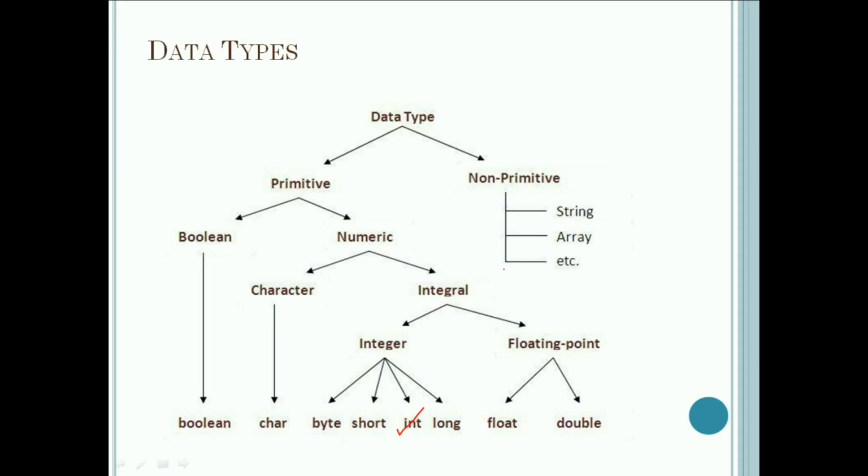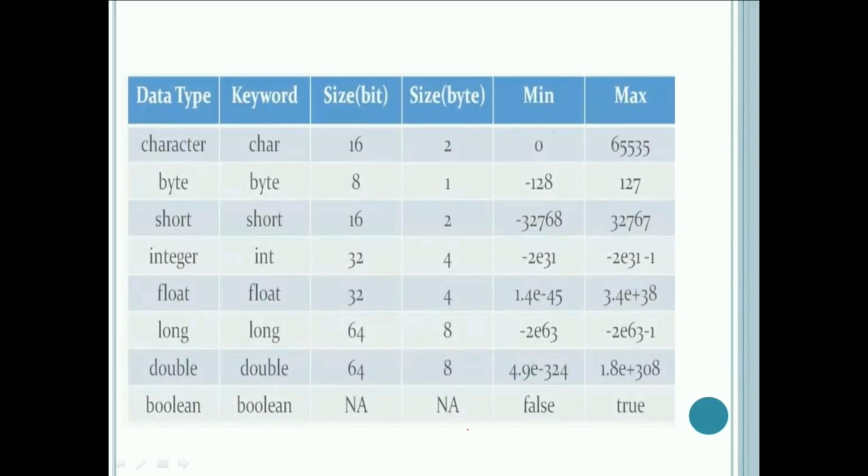If we have data with a very high value, we can also use long. Long is also a data type, with a size of 8 bytes and a very large range from minimum to maximum, so we can represent any numerical data in long.